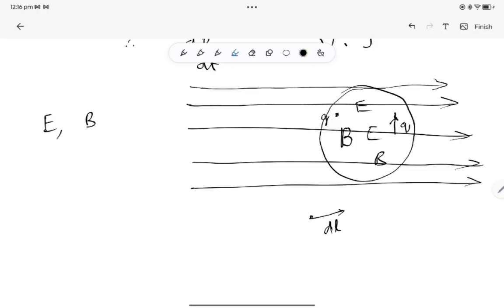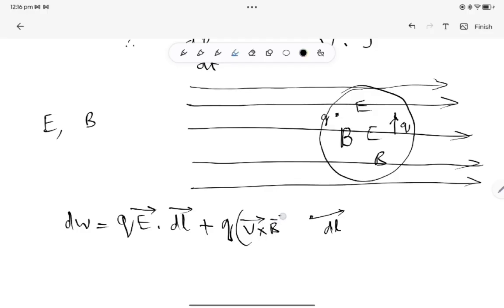How much work is done on that charged particle by the electromagnetic field? Work done will be work done by the electric force QE dot dl, electric force into displacement, plus the magnetic force Q V cross B dot dl.